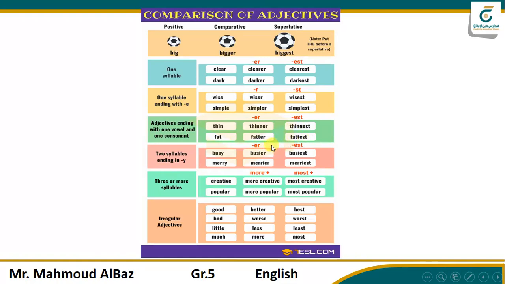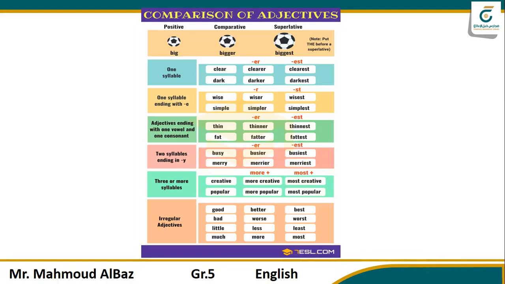Okay, if the adjective ends with y, replace the y with the letter i, then er. Busier, merrier, busiest, merriest. Okay, more than two syllables, three or more syllables, creative, popular, more creative, more popular, most creative, most popular.